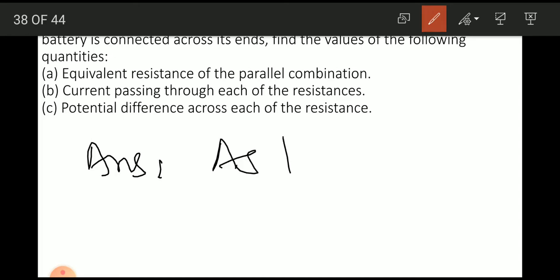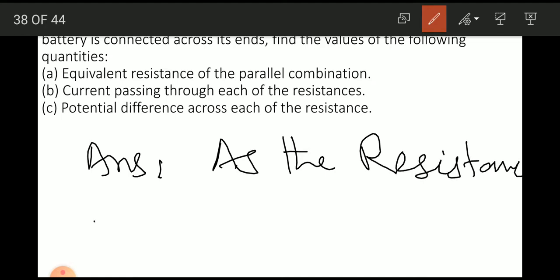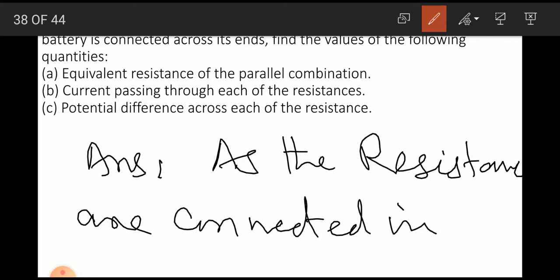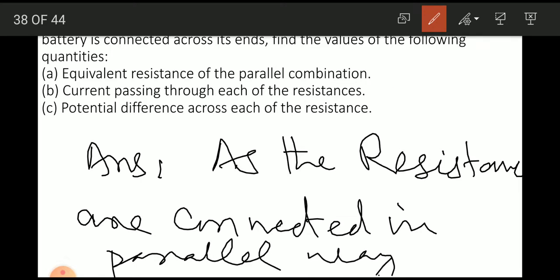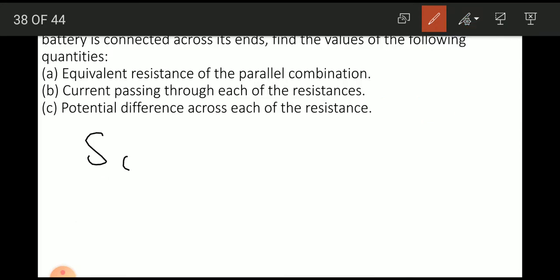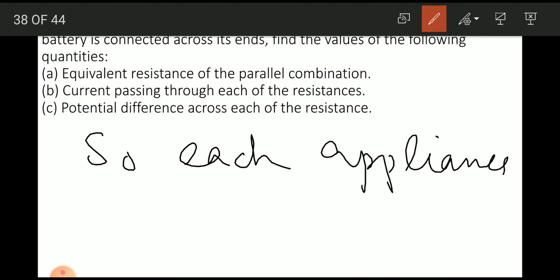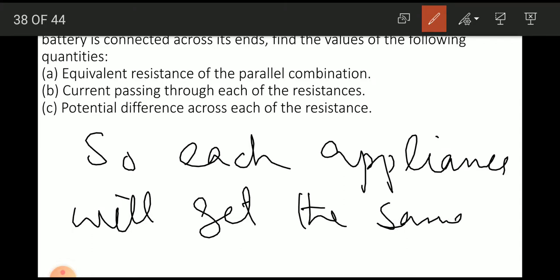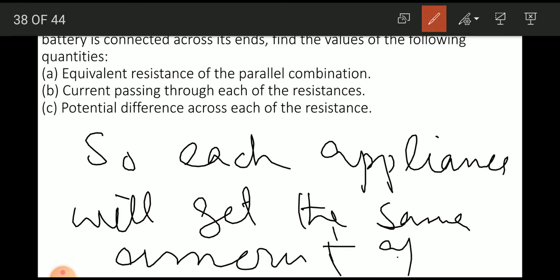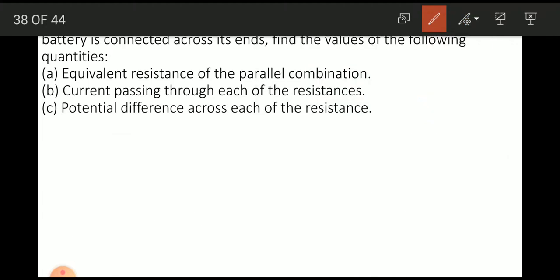As the combination is in parallel, as the resistances are connected in parallel way, so each appliance will get the same amount of voltage.